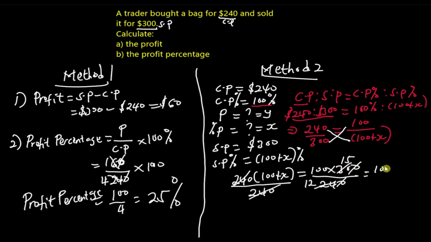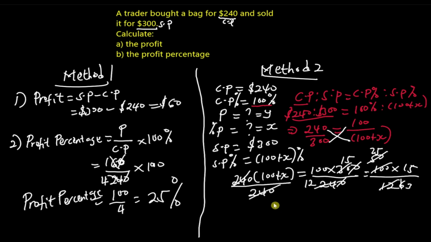So we have 100 times 15 all over 12. The same, 2 can go into 12 6 times and go into 100 50 times.